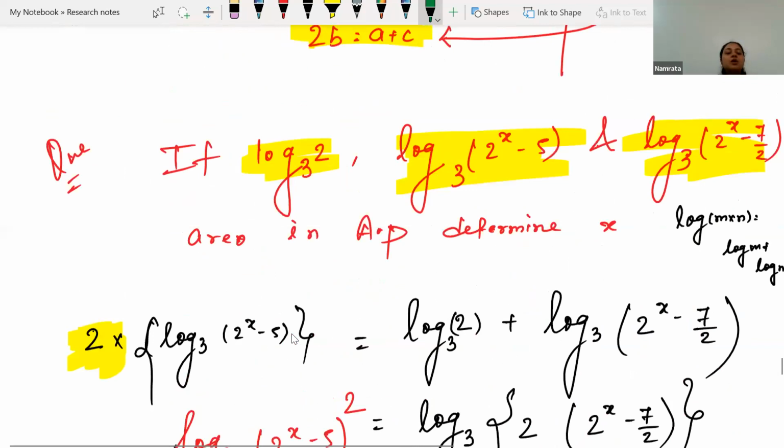What we needed to find here was the x value. We have already found the x value. But whenever we are solving a question based on logarithms, we have to check whether the x value we have found is valid or not. So our first term is log 2 base 3. Here x is not there, we can't substitute. The next term is log of 2 to the power x minus 5.